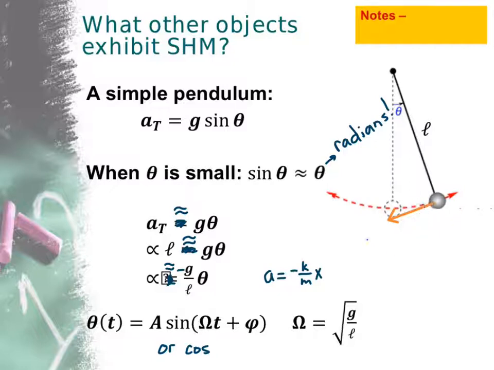The crazy thing is that this angular frequency doesn't depend on the mass. So no matter what mass I put on here, as long as I move it to this angular displacement, it is still going to show the same angular frequency. Actually, I can move it to a higher angle as long as theta remains small, and it's still going to have the same angular frequency, no matter what mass I put on there. That is really strange, isn't it? But that's how pendulums work.